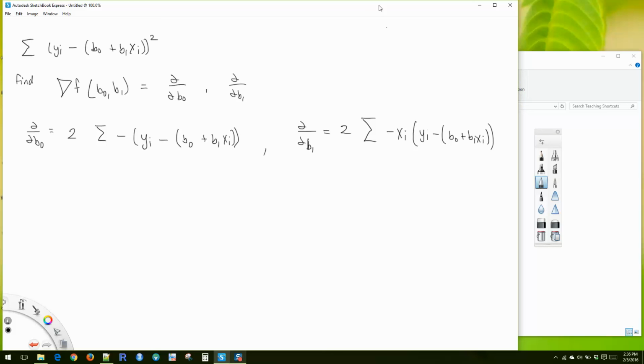And just to reiterate, our data is x = 1, 2, 3, 4 and y = 2, 6, 4, 8.